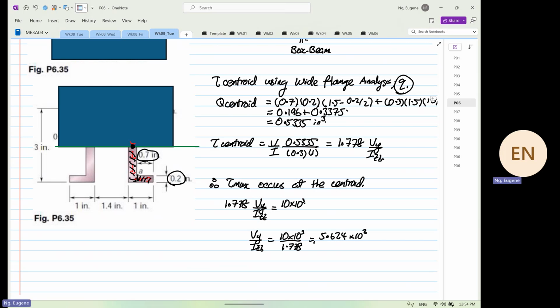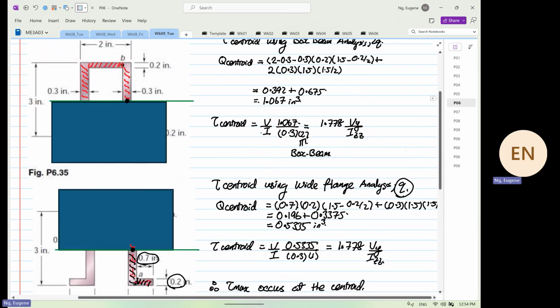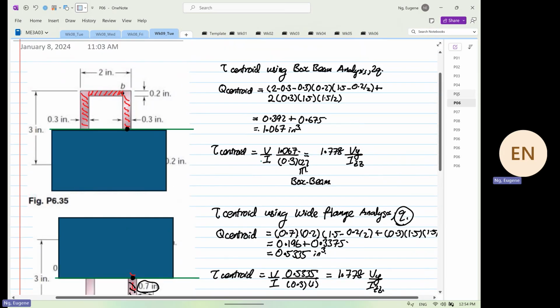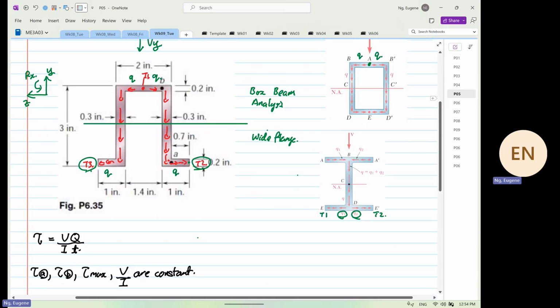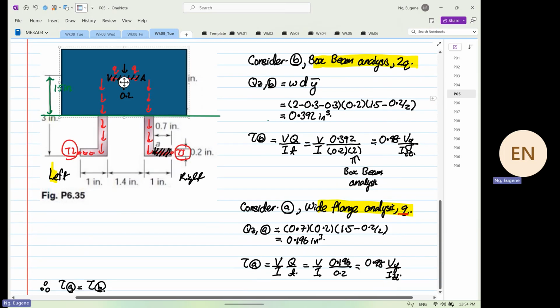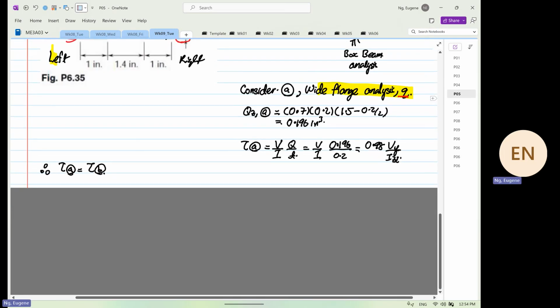Okay, so therefore, the shear stress at point A, which is equal to the shear stress at point B, is equal to Vy over Izz multiplied by 0.98. Was it 0.98? I can't remember now. Give me a break. Is it 0.98? It is 0.98.